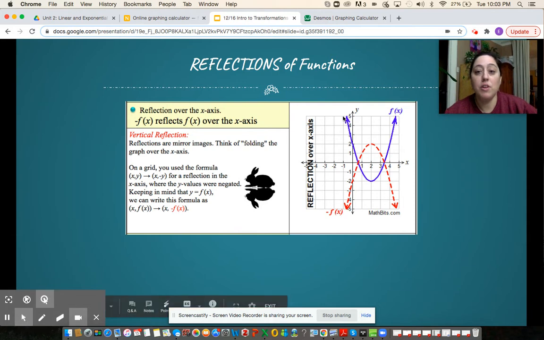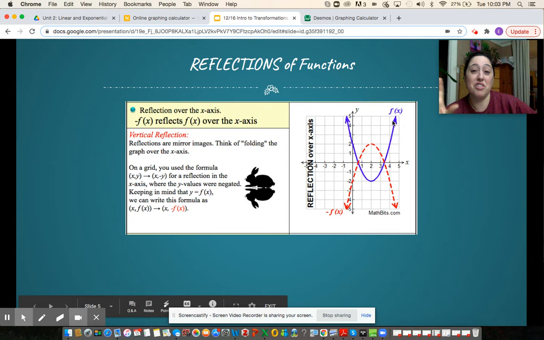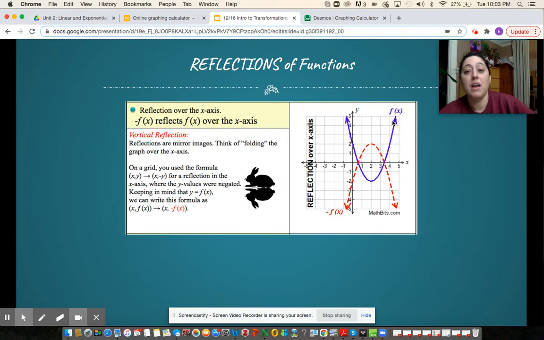This blue quadratic, and just by looking at it I should know it's a quadratic function, we also call this a parabola. This blue parabola is my original function, and the red one is how I've translated it.